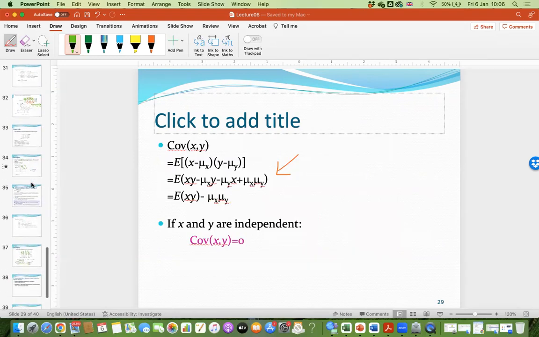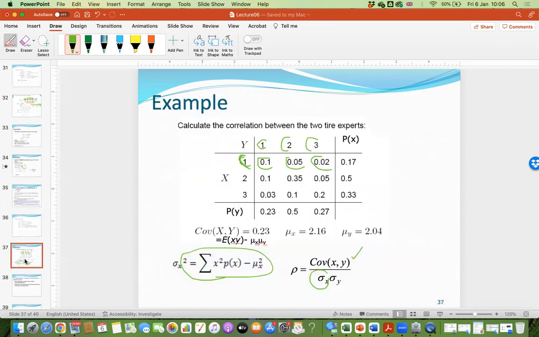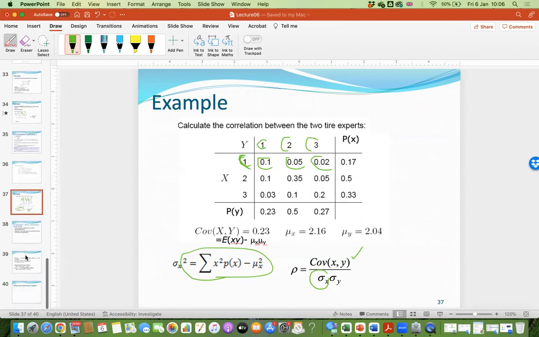And the correlation coefficient needs to be divided by the standard deviation of x and the standard deviation of y, which you can refer back to our previous lecture for the equation. There is one equation here, you can check it out. Example in slide 37.